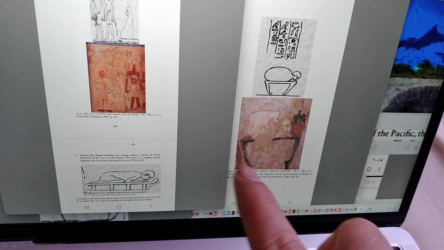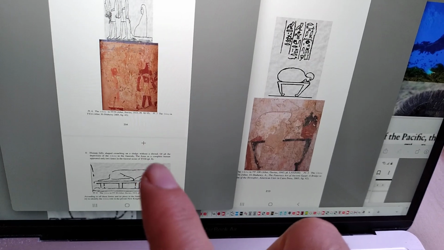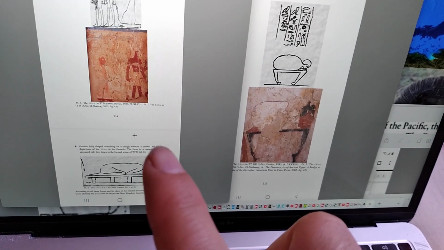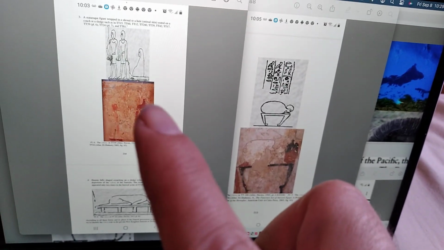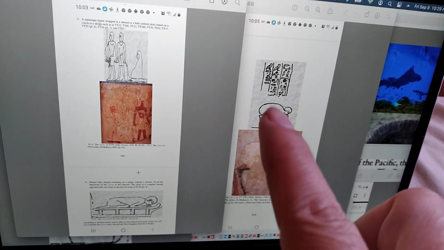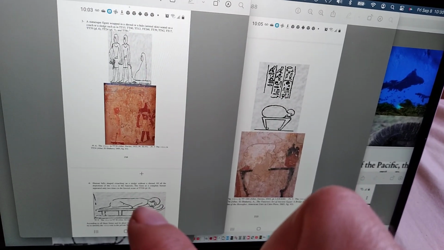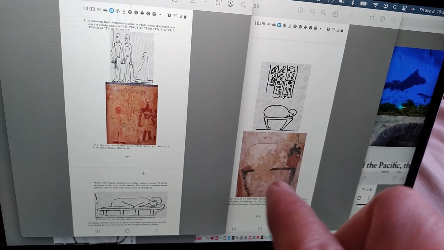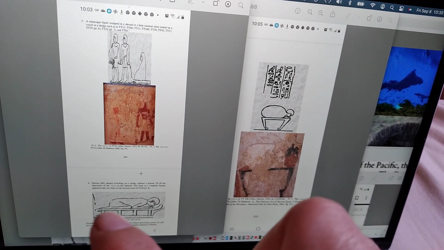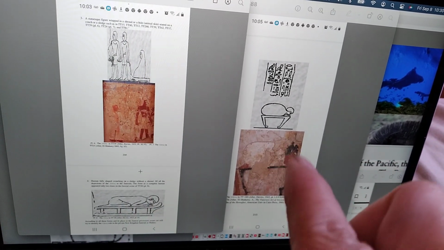So these are called TKNU, and they're some sort of ancient Egyptian motif, different shapes, on top of these platforms.